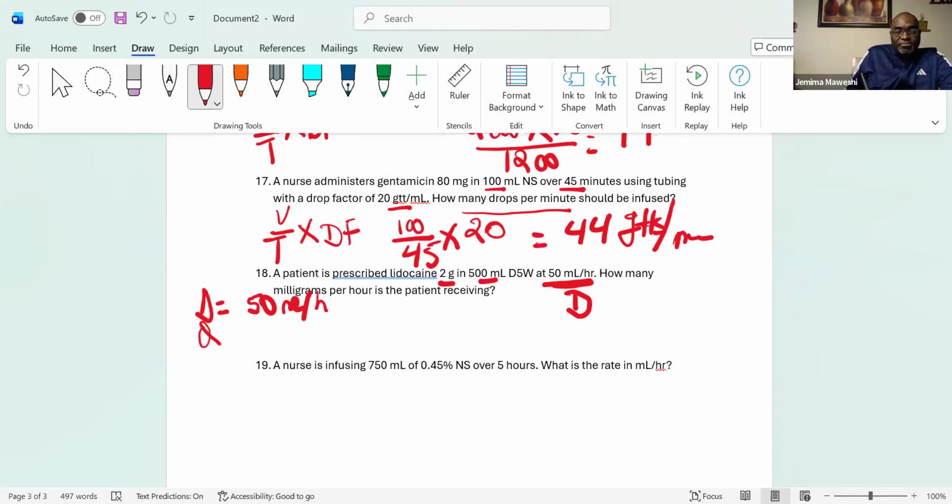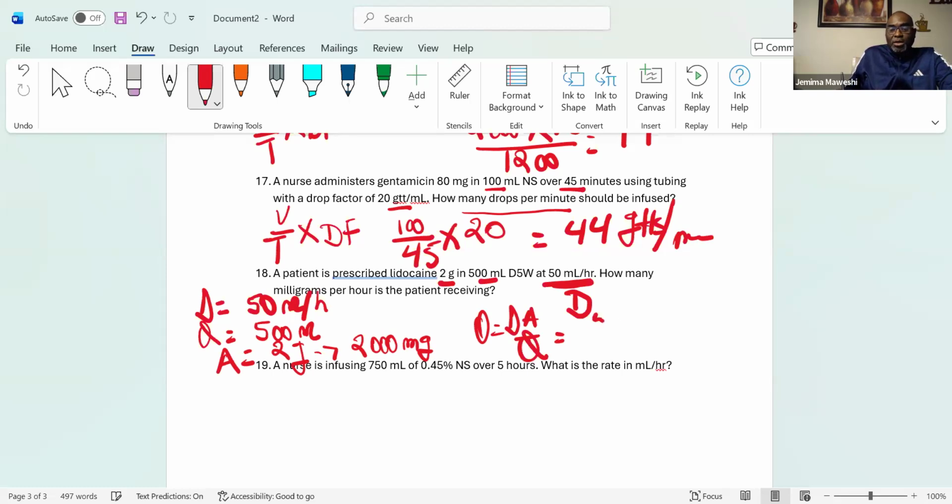Your quantity is 500, and your available is 2 grams. But pay attention, we are looking for milligram per hour. So you've got to push this gram to milligram, it becomes 2000 milligram.